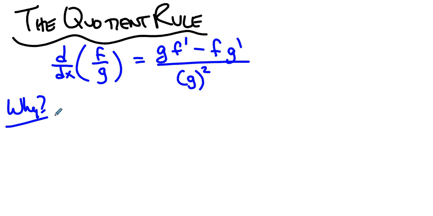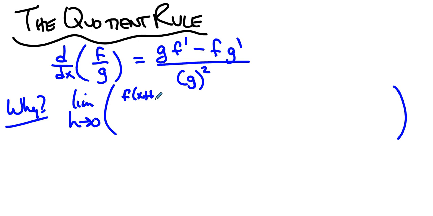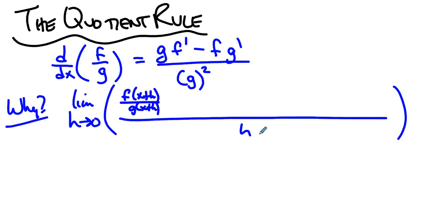Why does that work? Well, let's take a limit. You already know that there's an add subtract thing coming on, so I won't surprise you with that. We do this at x plus h, all over h, minus this at x, right?